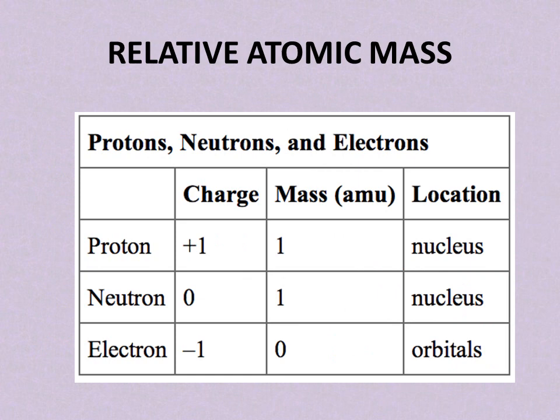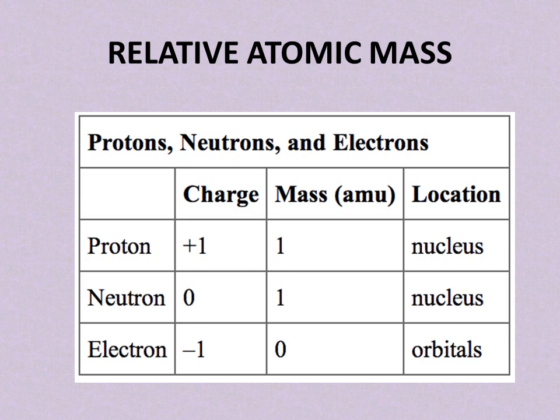Electrons don't have a considerable mass, so they are not taken into consideration. And the measuring unit is AMU, atomic mass unit, obtained by comparing with the carbon-12 atom. Since a single atom is very small, its absolute mass cannot be determined directly. That is, the correct value of the mass cannot be determined.